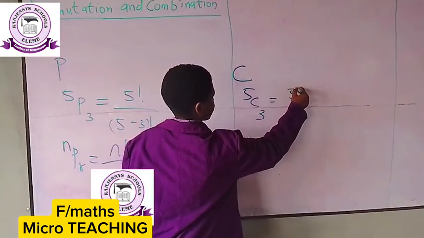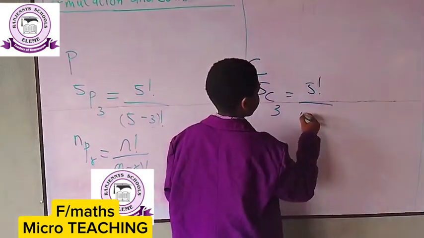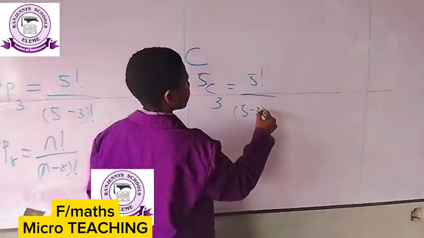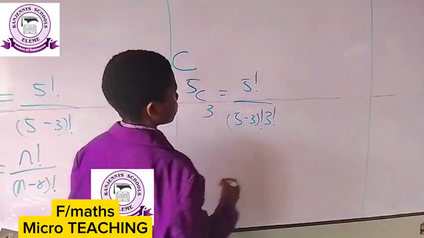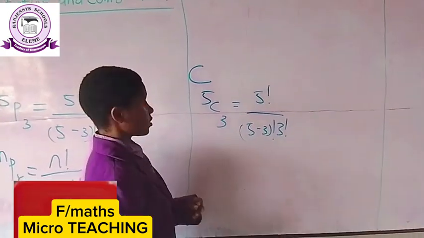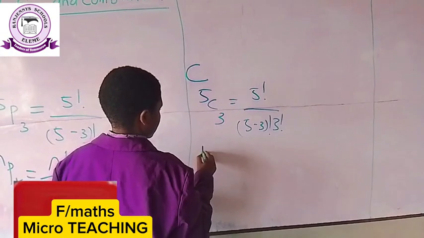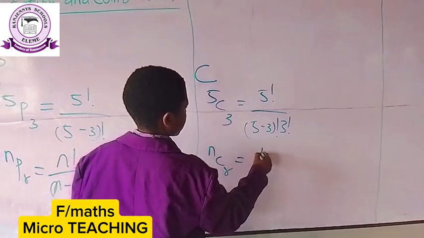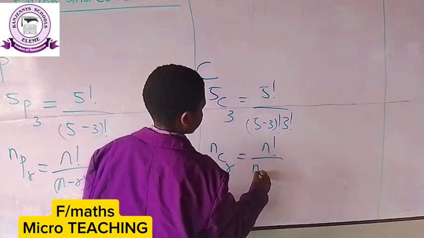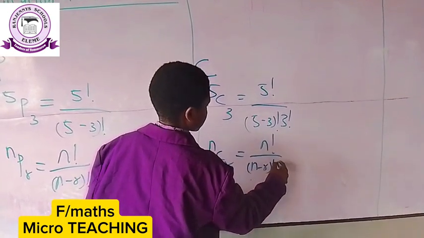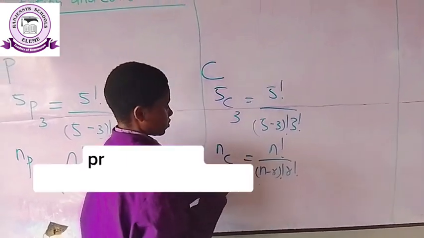That is 5 factorial all over 5 minus 3 factorial 3 factorial. Generally, combination nCr equals n factorial all over n minus r factorial r factorial.